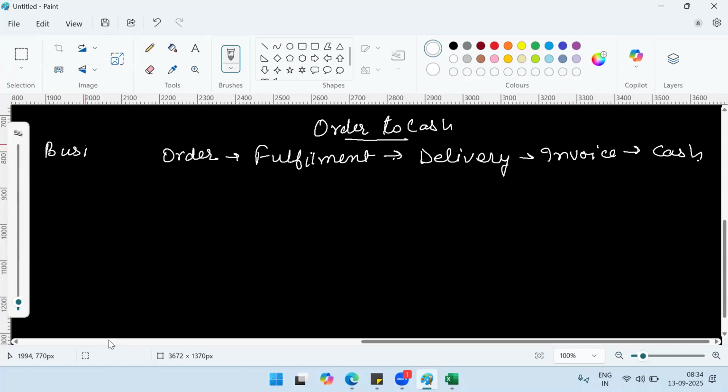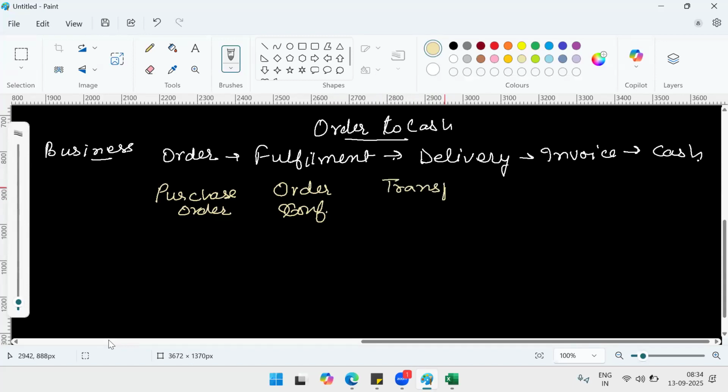Very good. Because at this moment we are not talking about anything which is related to technology or data or anything. Now we are having here purchase order, for example. Okay, so we will have the purchase order, and we will have the order confirmation. Then we need to order some transport, for example.